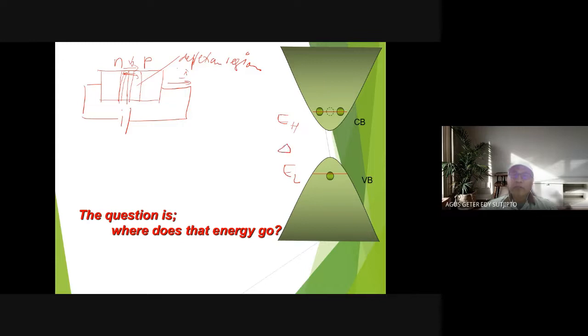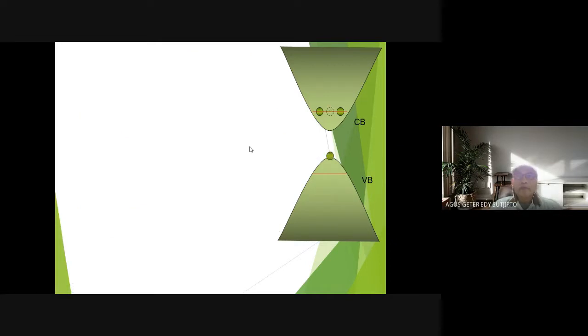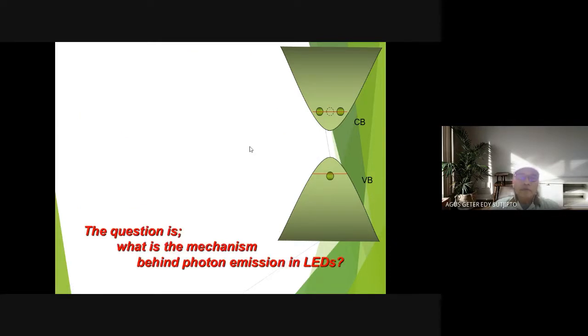So there is the delta E, where delta E equals E_H minus E_L. So what is the delta E then? And for the question, what is the mechanism behind photon emission in LED?